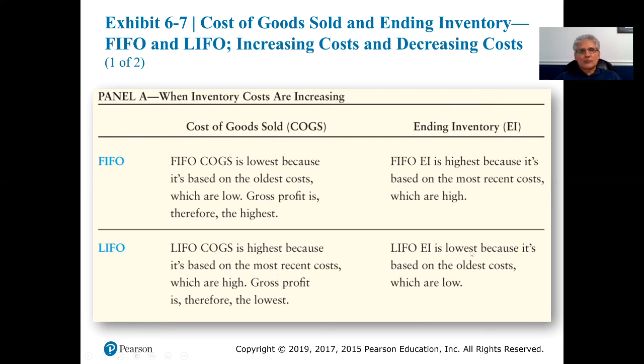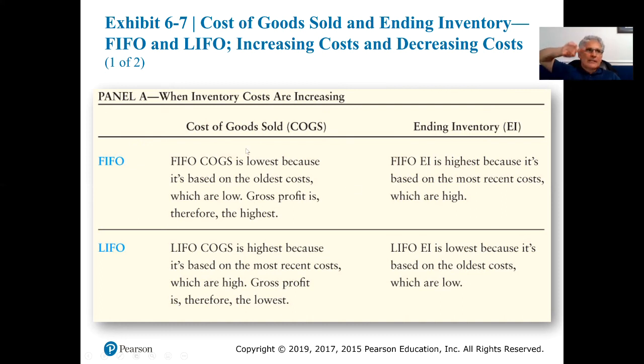What remains in inventory in LIFO actually will be the lower costs. They were the oldest costs, so they will be lower costs. Therefore, your inventory levels will be lower. Now, this holds true when inventory costs are increasing. In other words, the prices are going up. When inventory prices are going up, when costs are going up, this is what happens.